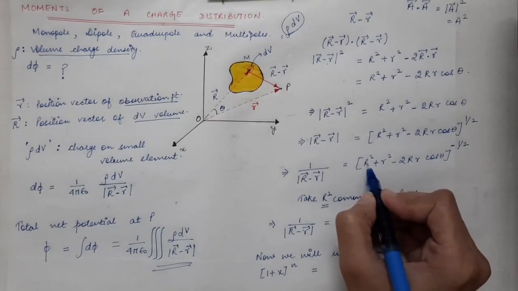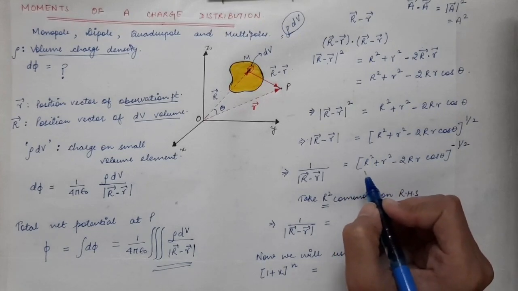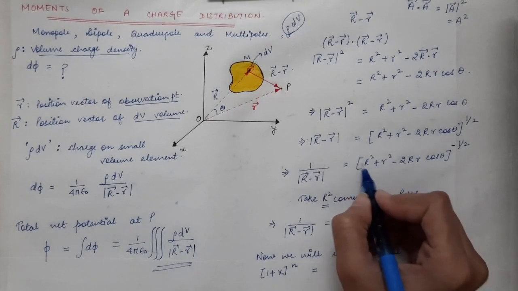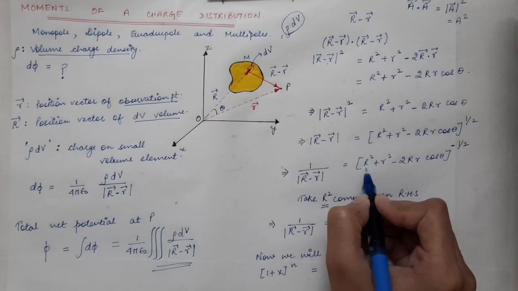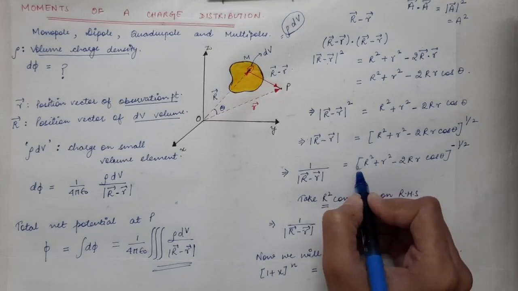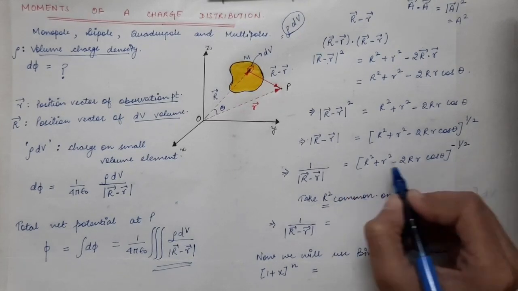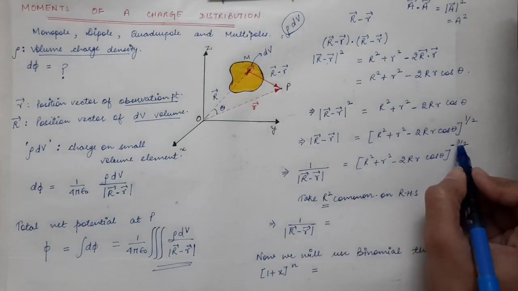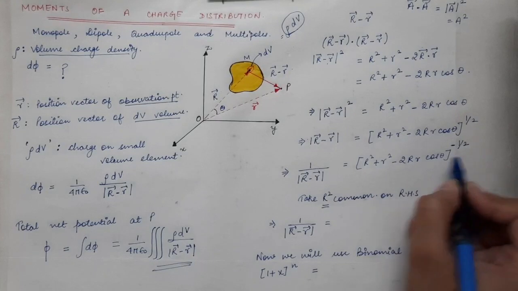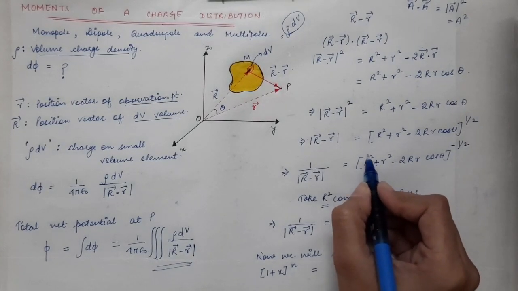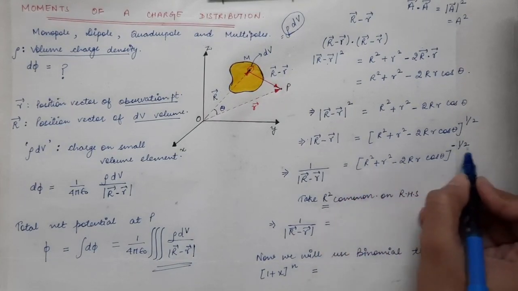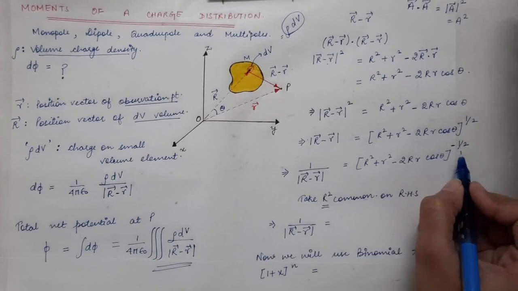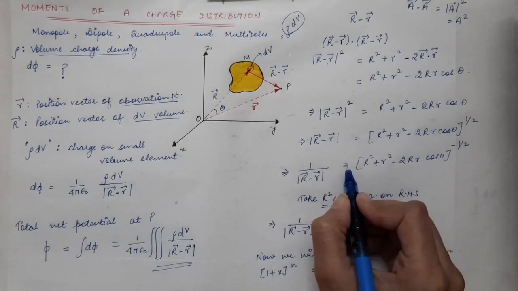Now we are going to take capital R square common. This whole square bracket has a power of minus 1 by 2, so when you take capital R square outside the square bracket, the minus 1 by 2 power also comes along with R square.